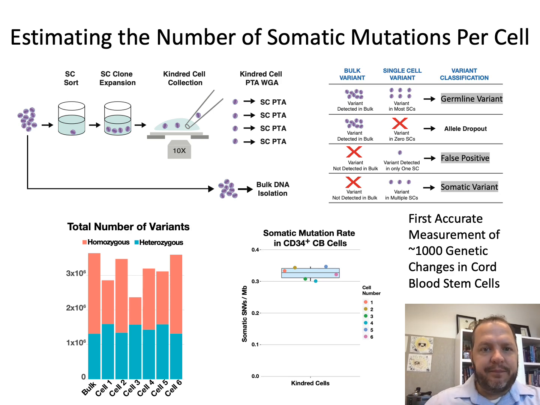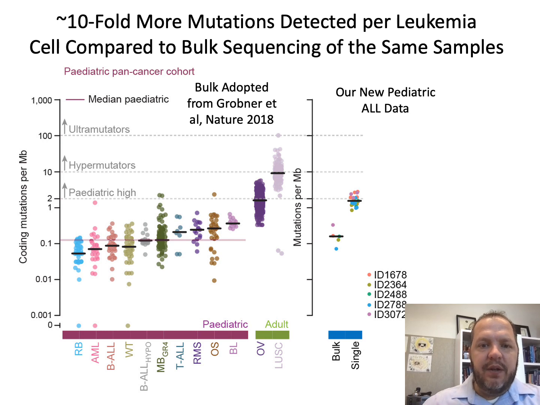And so we've used this approach to begin to measure the genetic diversity in single cells in cancer samples. And again, when you look at bulk studies like this bulk cancer sequencing study published a few years ago, things like leukemia and some other childhood cancers have really low coding mutation rates per megabase.